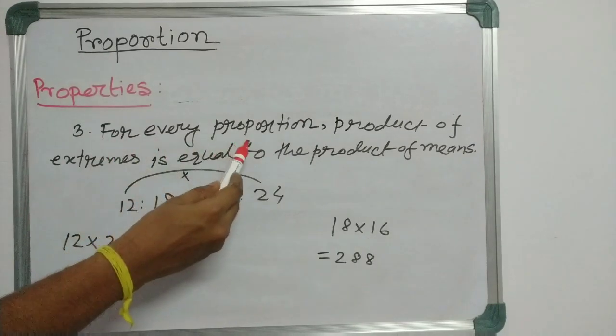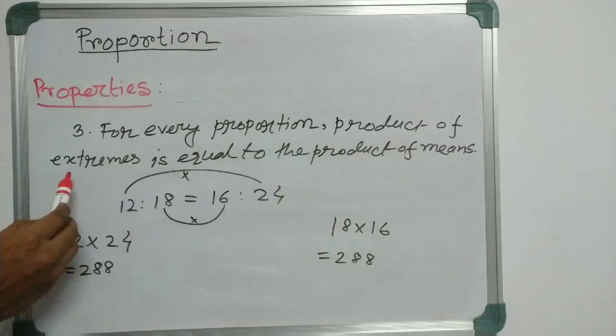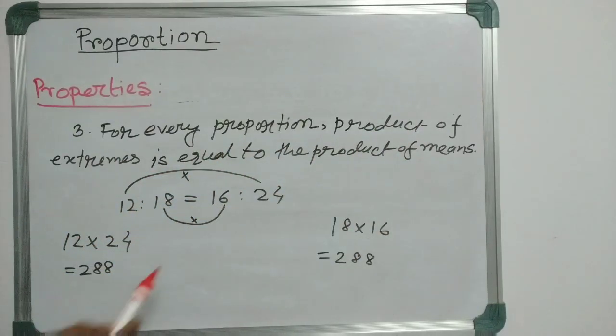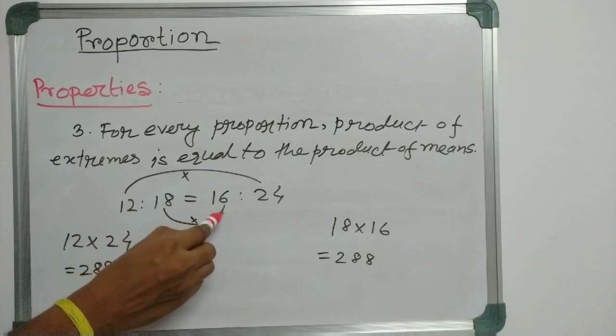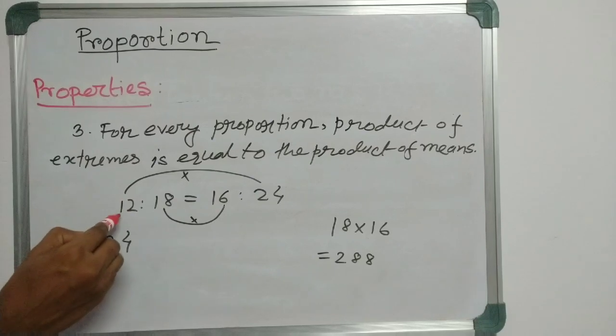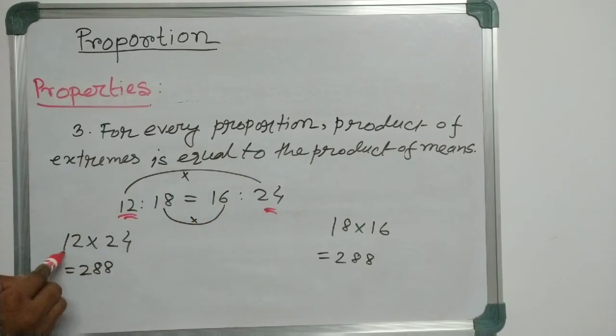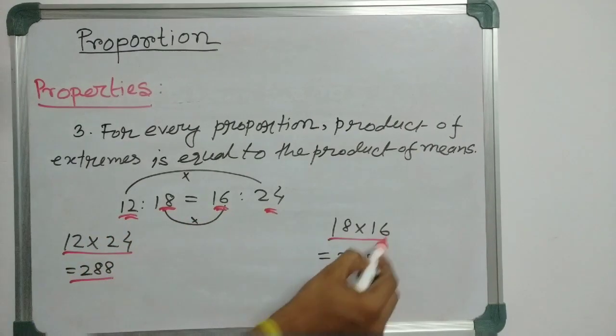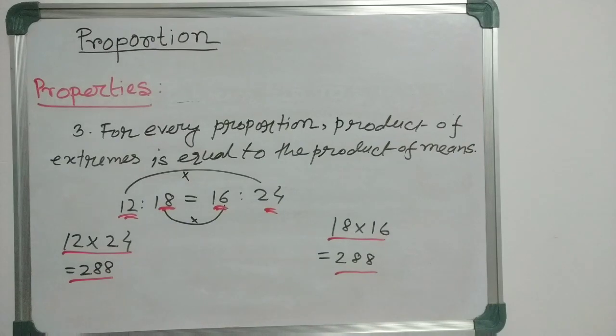For every proportion, the product of the extremes is equal to the product of the means. That means here 12, 18, 16 and 24 are in proportion. So we can easily say that 12 into 24 is equal to 288, and 18 into 16 is also equal to 288.